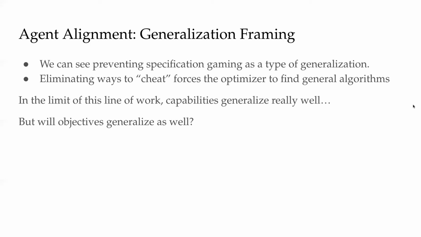So what does that mean? Does that mean that if we train really powerful reinforcement learning agents and deploy them, they might not have the correct objective? That those objectives might be subtly different in ways that are hard to tell?